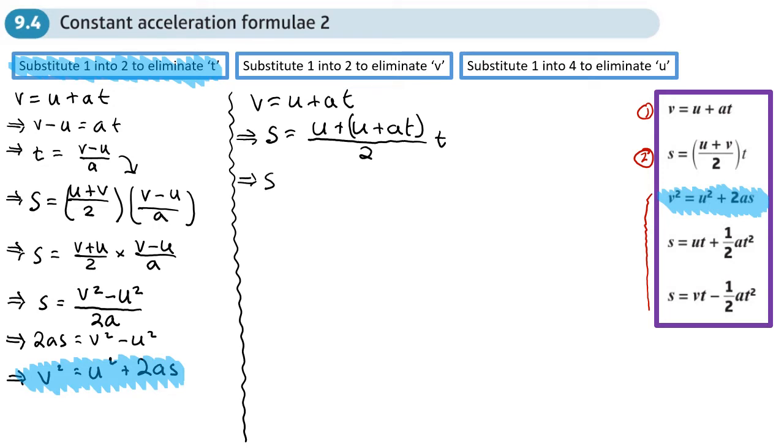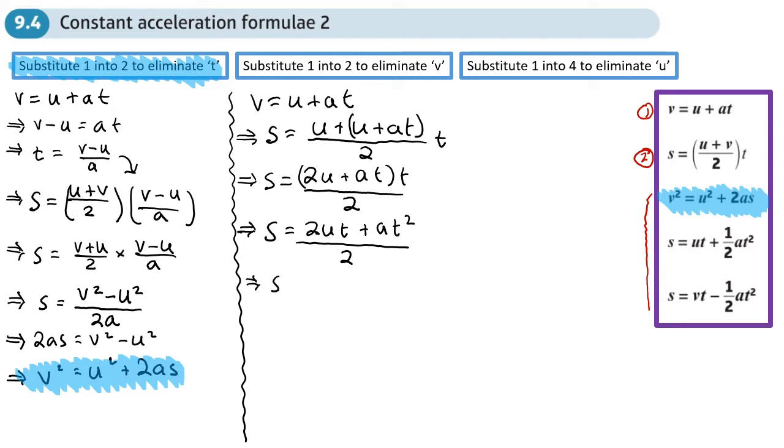Then what we'll do is we'll just multiply at the top of that fraction and add everything together. So we'll have 2u plus at. Now that's all going to get times by t over 2. Let's multiply that out. So I'll have 2ut plus at squared all over 2.